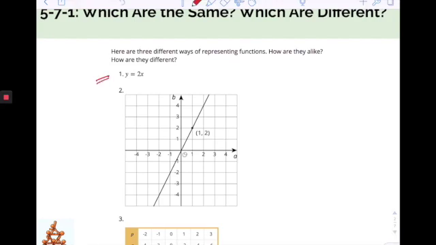So in this equation, our input is x, and our output is y. In the graph, our input is here and our output is here. In the table, the top row is our input and our output is here. So 3 different ways to show it, but they're all functions with input-output pairs.